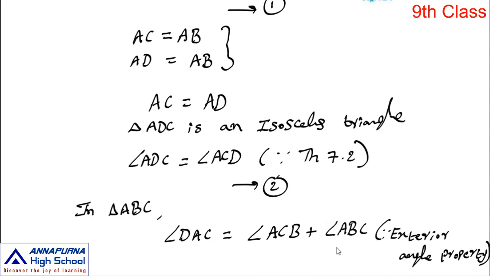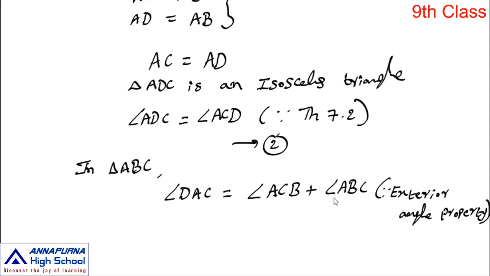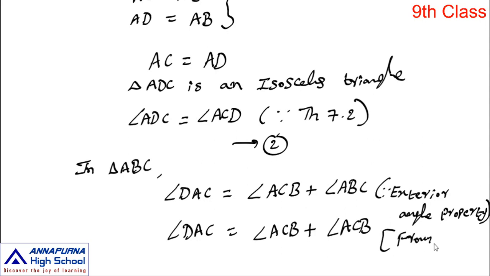Substitute angle ABC is equal to angle ACB by using equation 1. Angle DAC is equal to angle ACB plus angle ACB, from 1, angle ABC is equal to angle ACB.